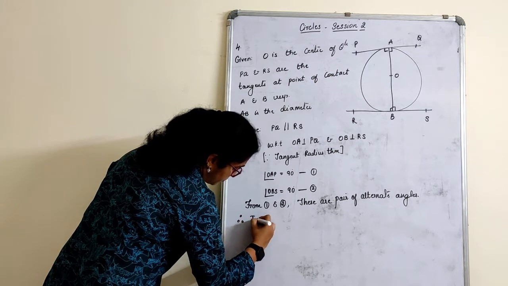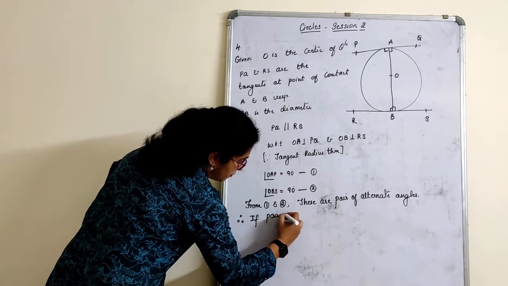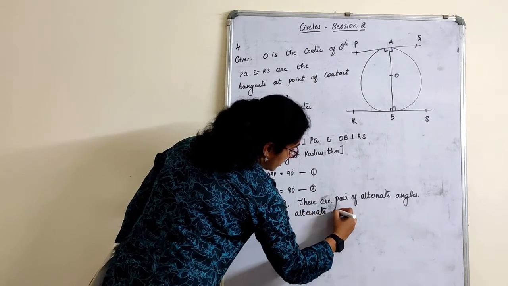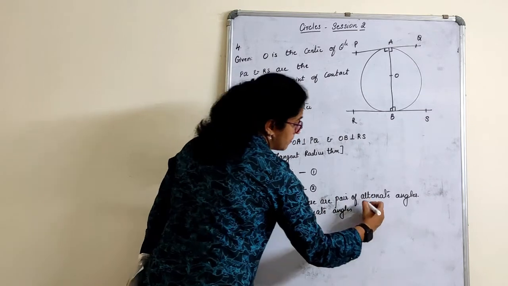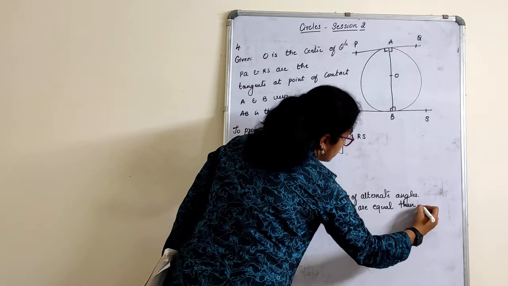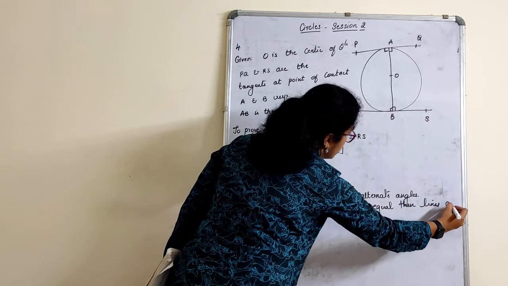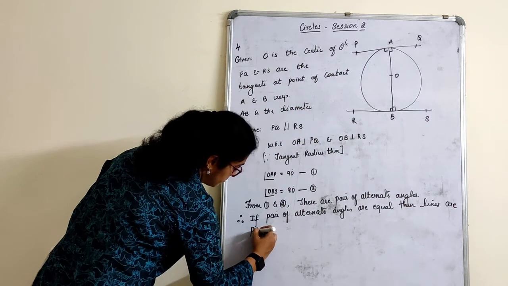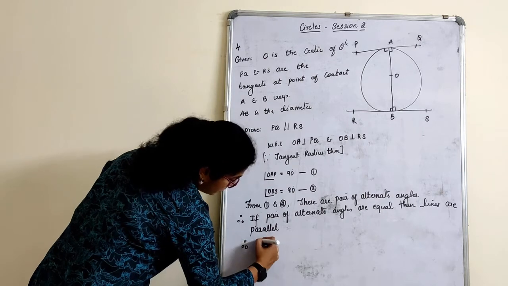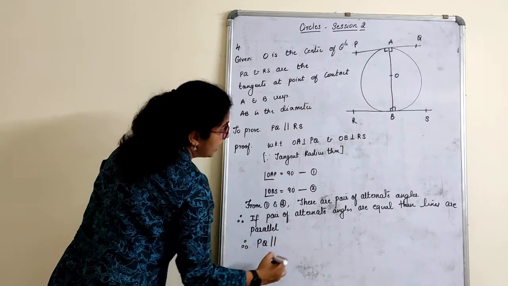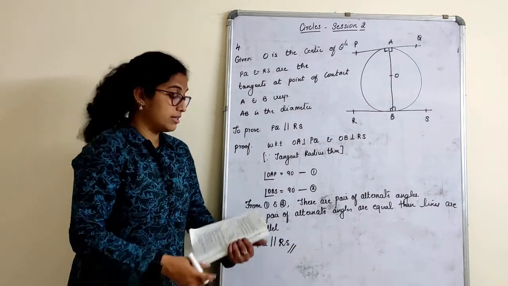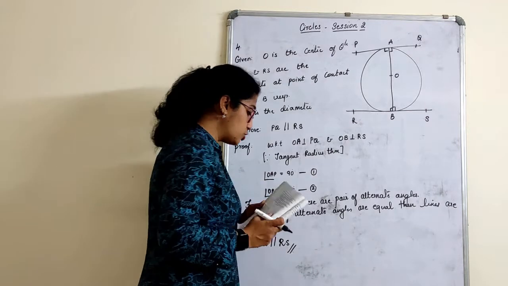Therefore, if a pair of alternate angles are equal, then the lines are parallel. Therefore, PQ is parallel to RS. Very clear how to prove this? So quickly we'll go with the next one.